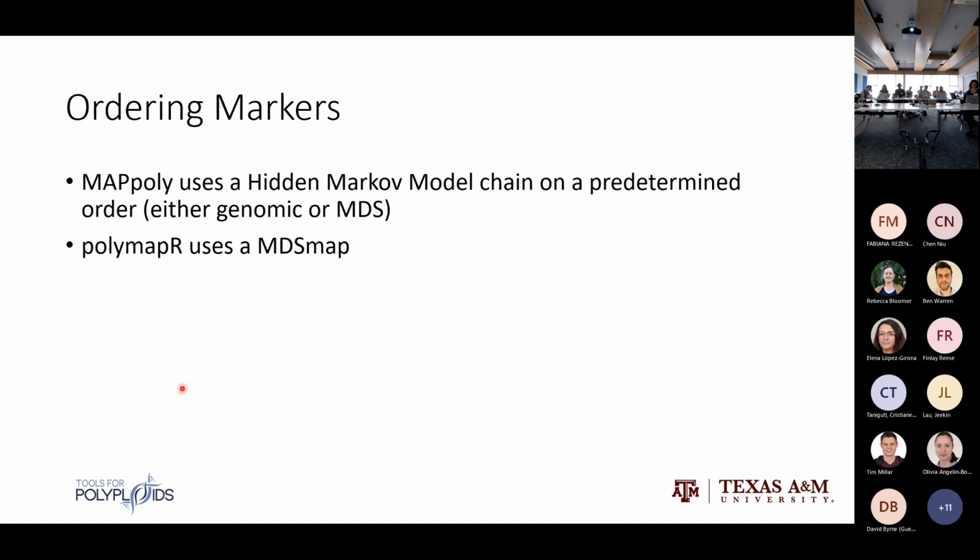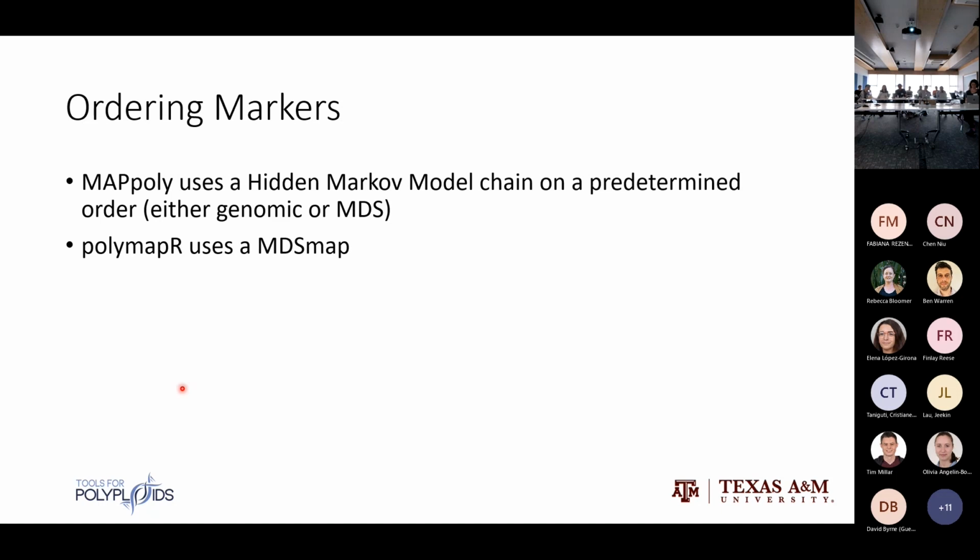It's kind of like a PCA, but it's MDS, multi-dimensional scaling. So it puts it into an order on a 2D or a 3D plane, estimates which ones are closer to each other, and then it orders the markers. However, when you use MDSMap, you don't get as good collinearity to your reference genome. It'll be a little more scattered.